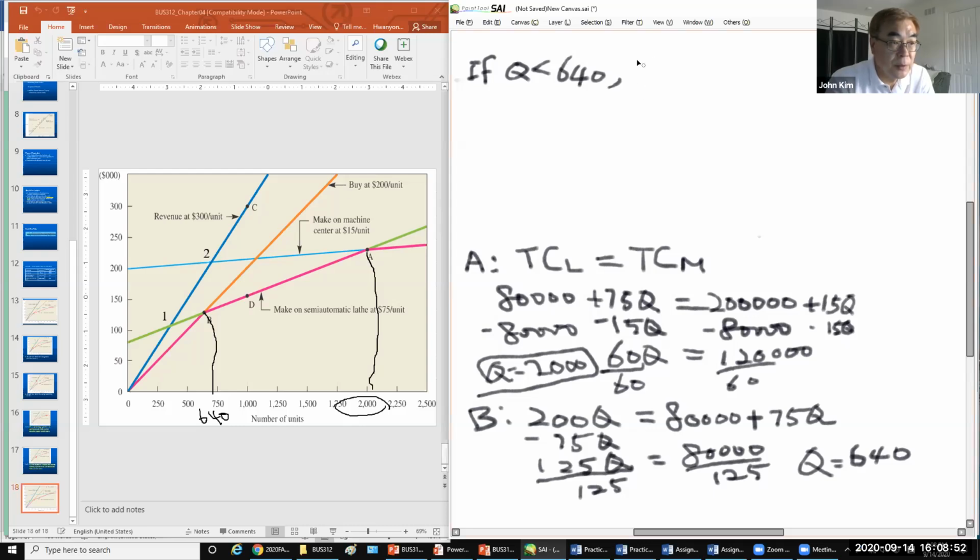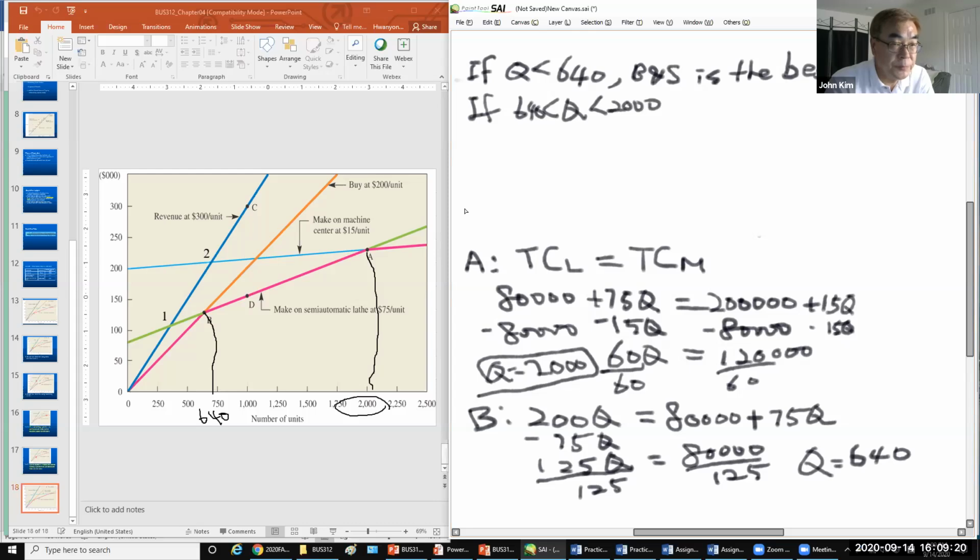So using buy and sell option is the best option.